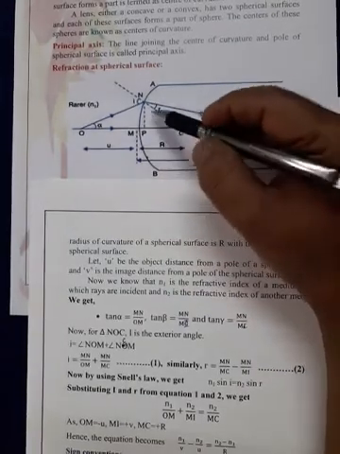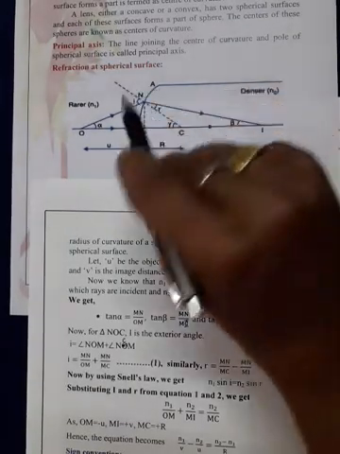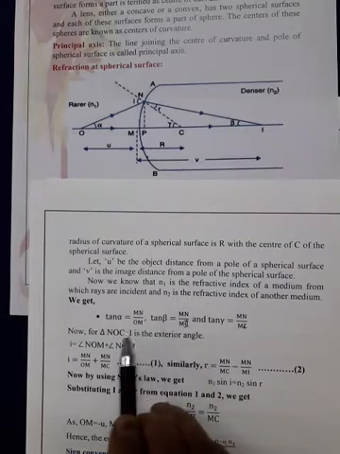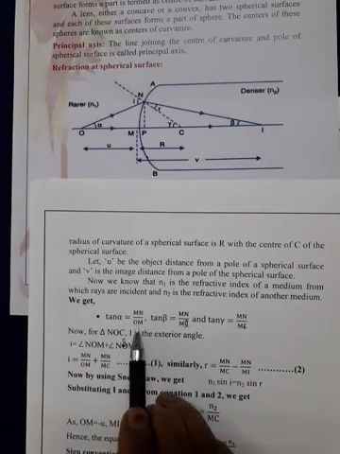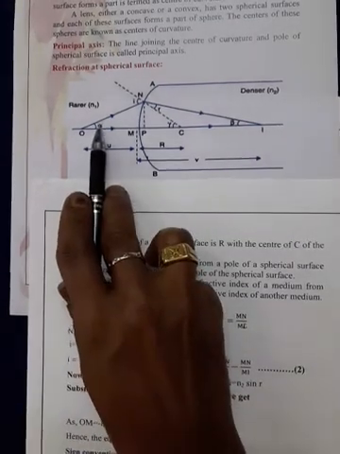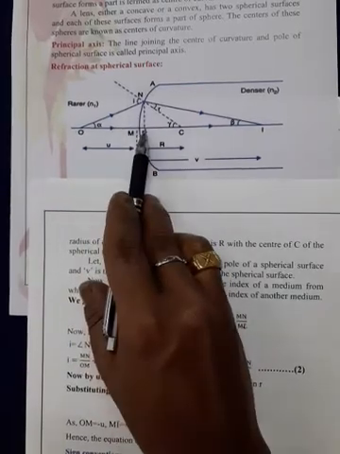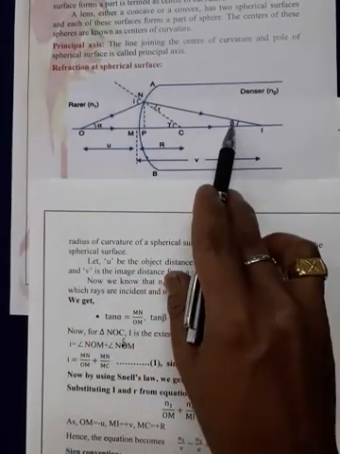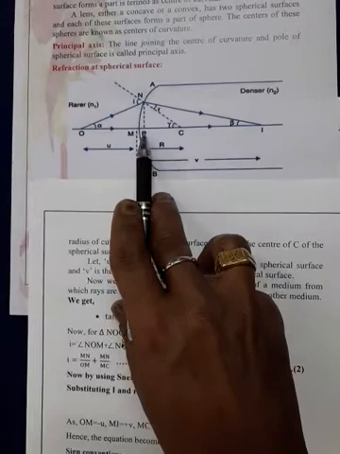So as we have solved here, tan of alpha is equal to Mn by Om, tan of beta equal to Mn by Mi.